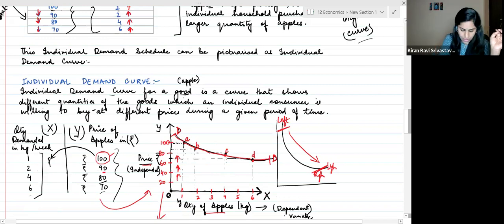In the example, we have given falling prices, because we started with 100. So as the prices are falling from 100 to 90, 90 to 80, and 80 to 70, my quantity demanded is increasing.